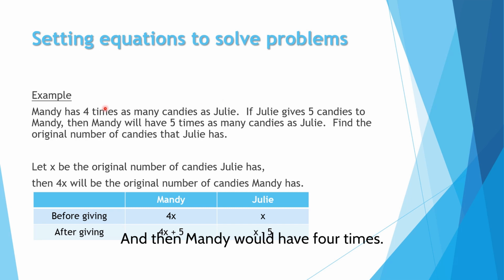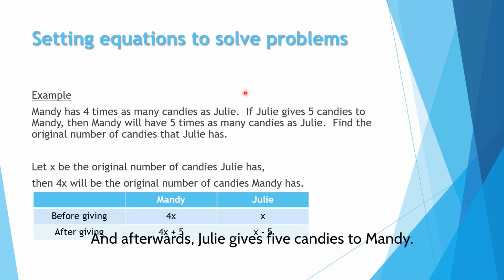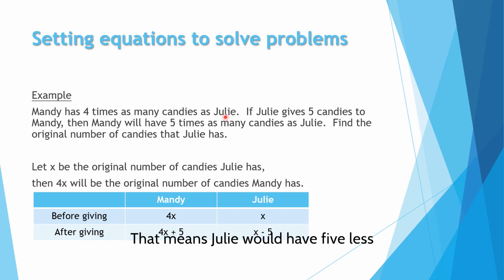And then Mandy would have 4 times, that means she would have 4x. And this is the number of candies originally they have. Then afterwards, Julie gives 5 candies to Mandy. That means Julie would have 5 fewer candies, and Mandy would have 5 more.